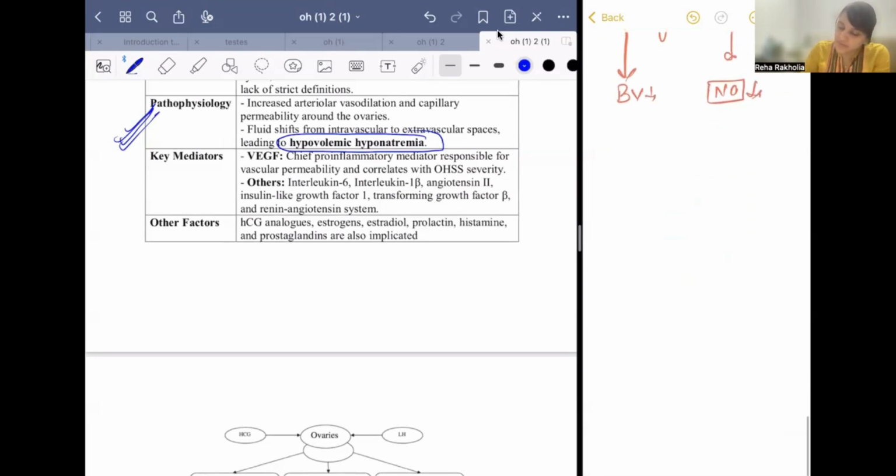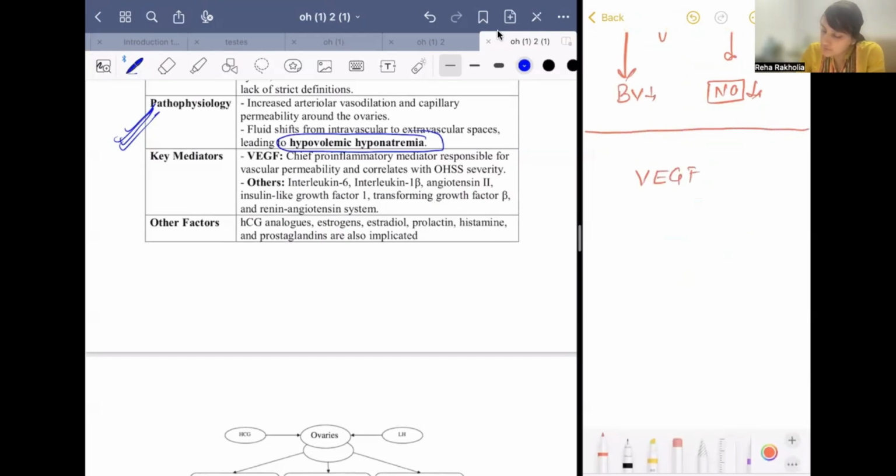The most important player in this process is VEGF, vascular endothelial growth factor. This is a pro-inflammatory mediator that increases the permeability of blood vessels and has a direct correlation with the severity of OHSS. In simple terms, the more VEGF the body produces, the more severe the condition is.